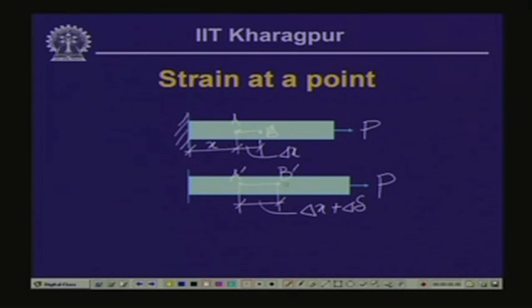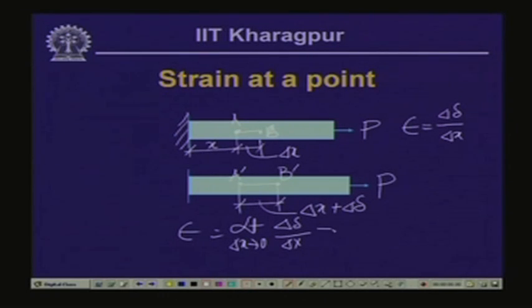Thereby, the extension of this fiber is delta delta, and as we have defined, the strain epsilon for this particular fiber is delta delta over delta x, and this strain at this particular point A we can define as, as delta x tends to 0, epsilon equals d delta over dx. Hence, d delta is equal to epsilon dx.